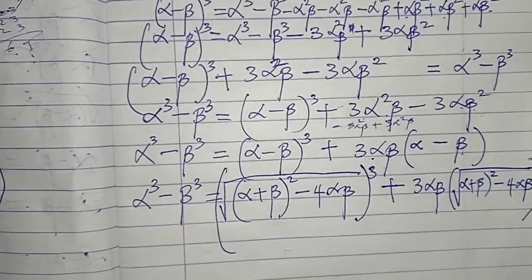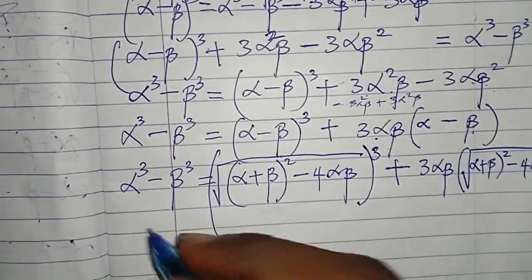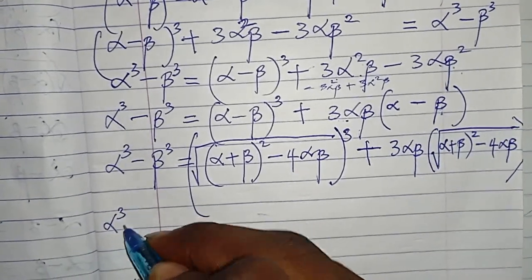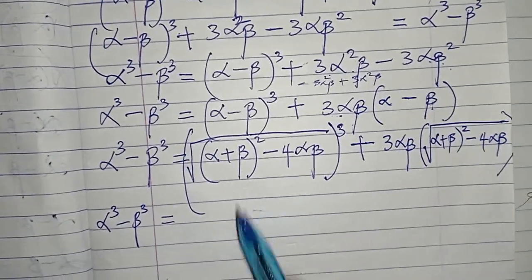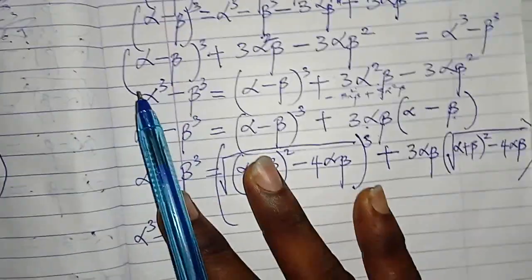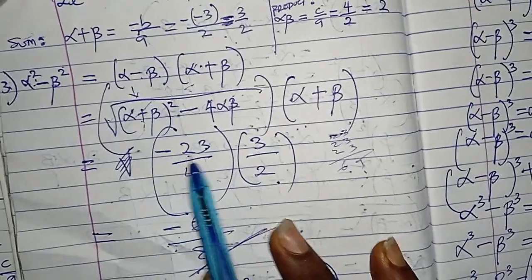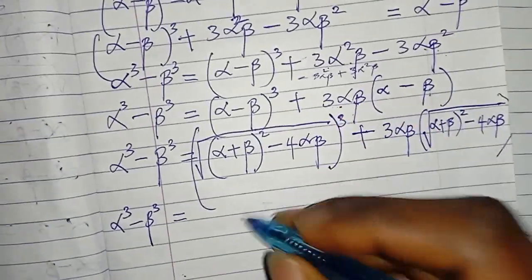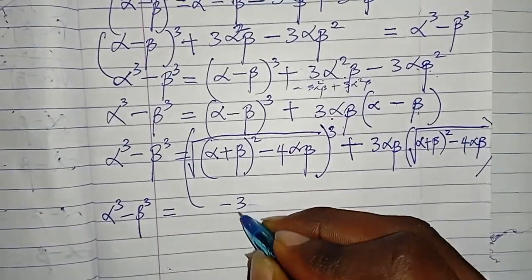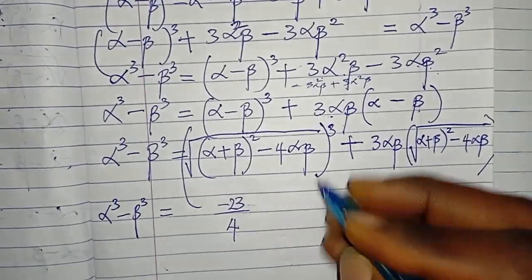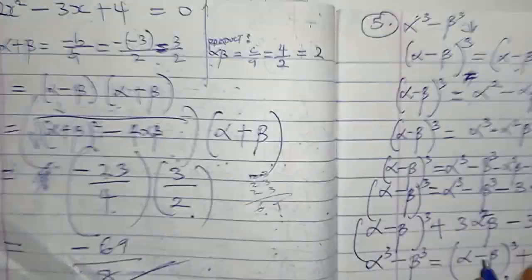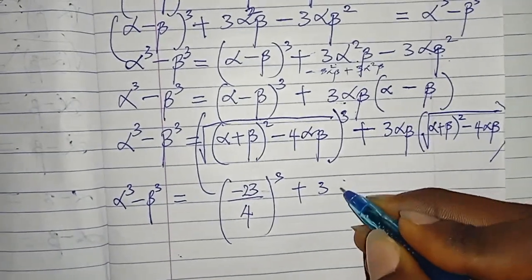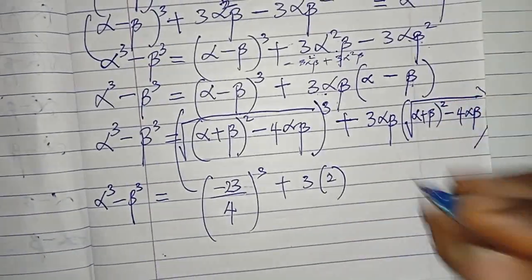Yes, so using this we can now get alpha cube minus beta cube, which is equals to everything about alpha minus beta, we got it to be minus 23 over 4. So minus 23 over 4 raised to power 3 plus alpha beta is 2, so plus 3 times 2.